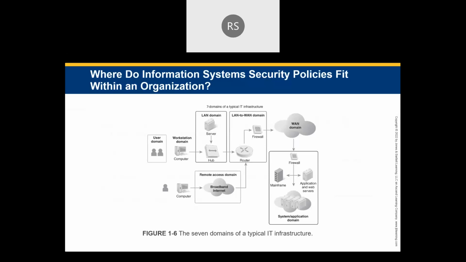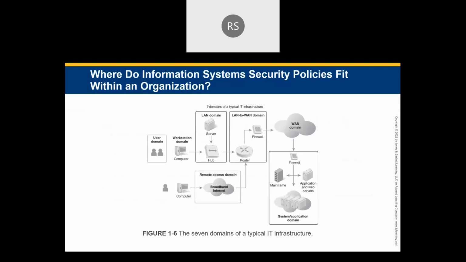The WAN domain deals with the wide area network infrastructure, which connects geographically dispersed locations of an organization. This includes managing leased lines, internet service providers, network protocols, and also ensuring secure and reliable connectivity between the sites.